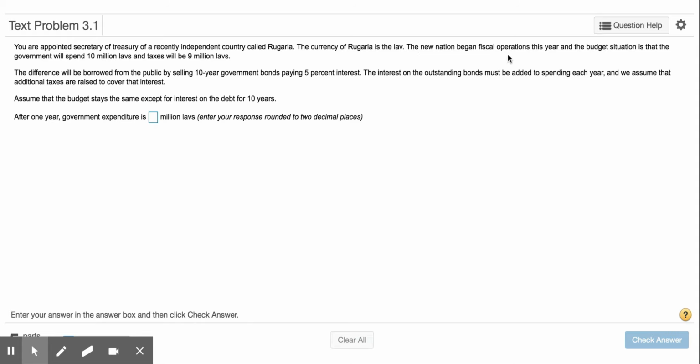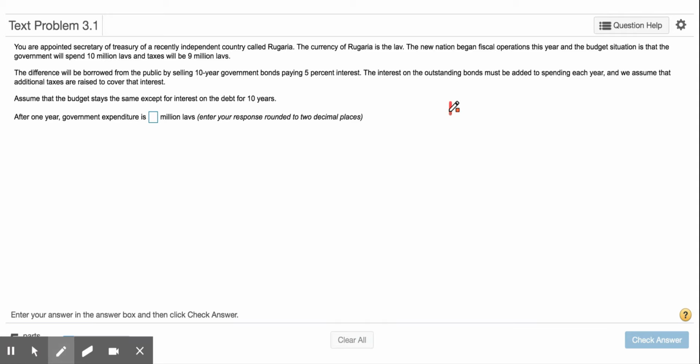So this new nation began a fiscal operation where they will spend 10 million lavs and taxes is 9 million lavs. Okay, so we have, in this case, the budget deficit.